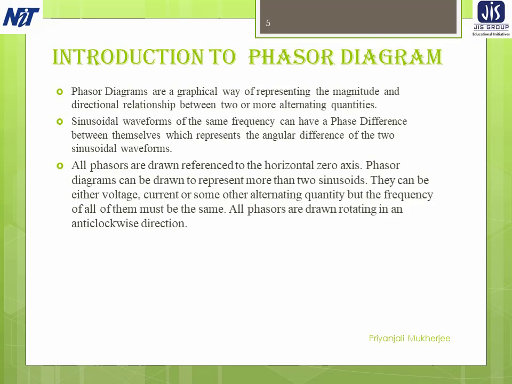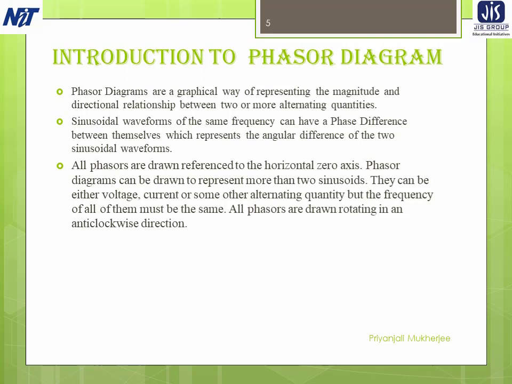So we have to keep in mind two things during the drawing of the phasor. The first one is that the angle will vary in the counterclockwise rotation direction. That means the phasor is rotated in anti-clockwise direction. And all the phasors are drawn with reference to the horizontal zero axis.